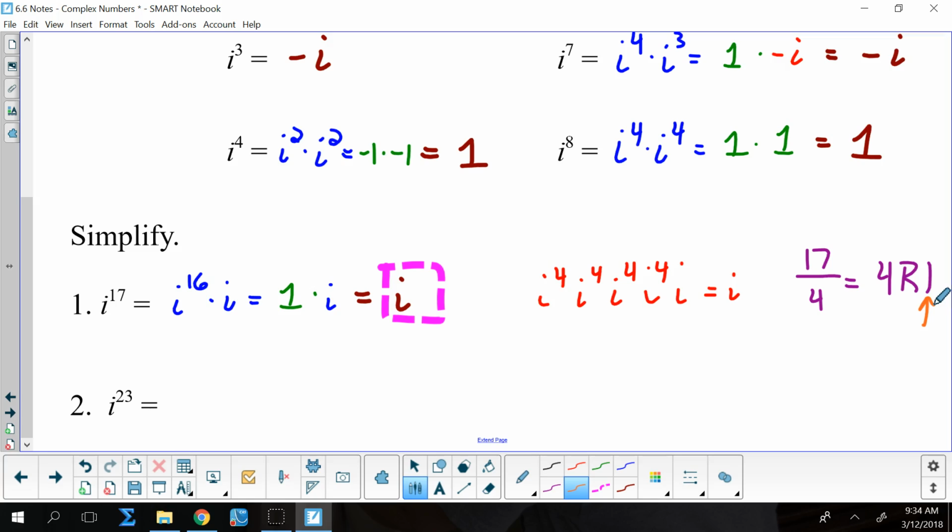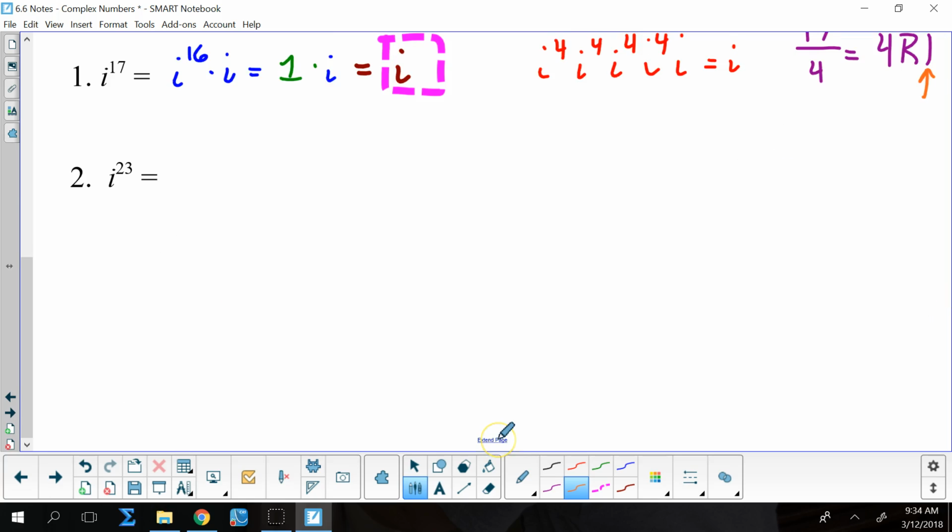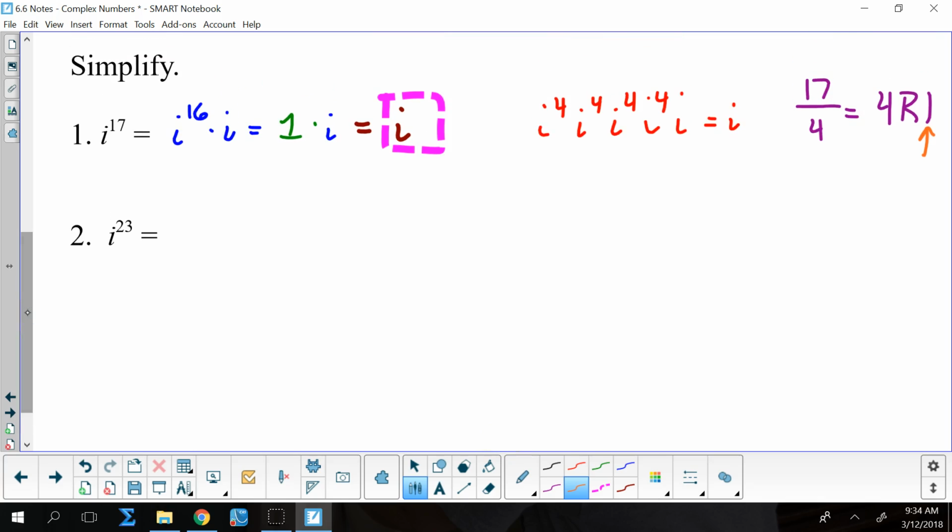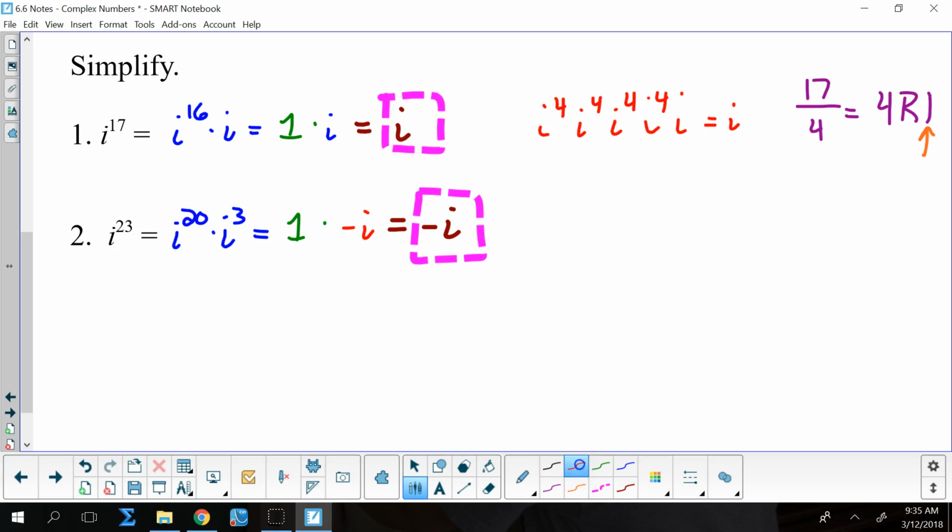Okay? So then i to the 23rd, if we follow along with Hannah's way, then this would be i to the 20th times i cubed, which is going to be 1 times i cubed, and i cubed was negative i, so then this becomes negative i for the answer there. Okay? If we do it IDB's method, I'll go i to the 8th this time. i to the 8th is 16.